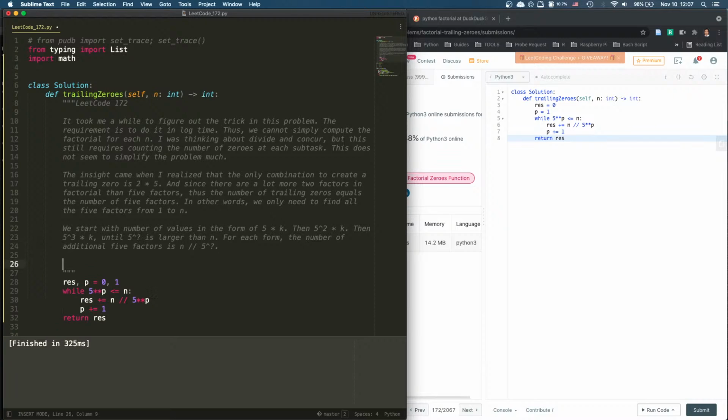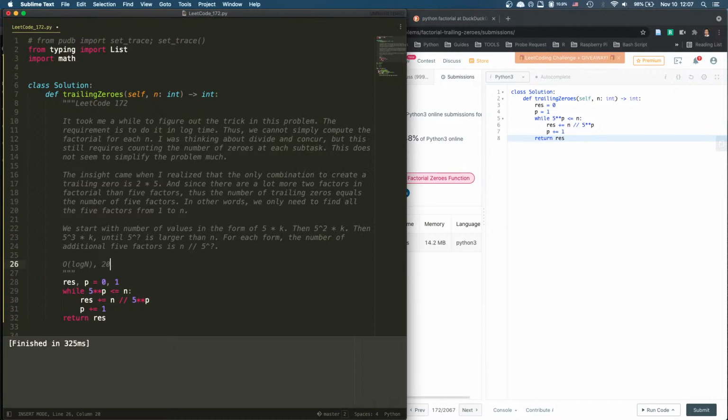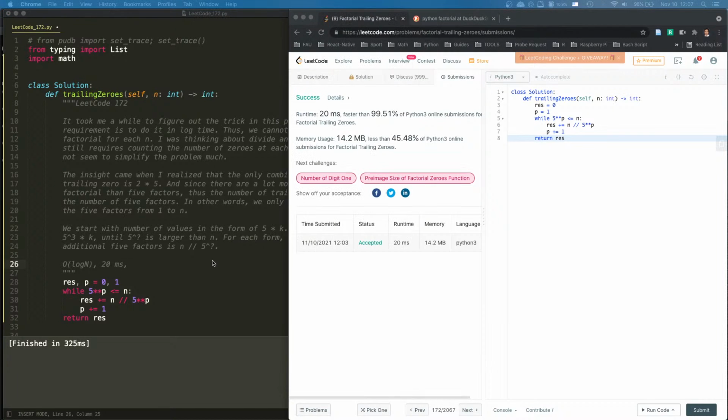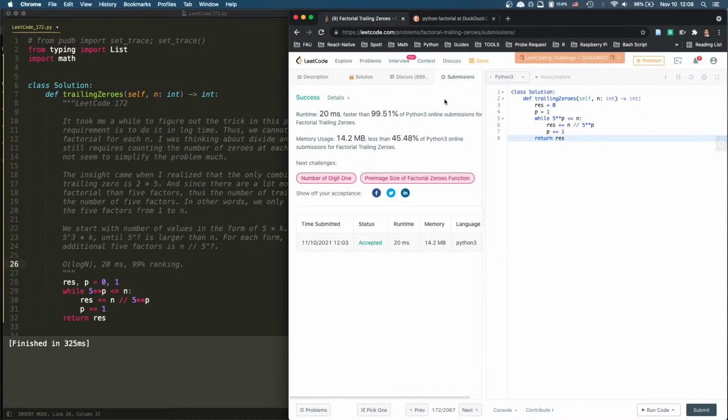And that's it. This is O(log n). Well, technically it's log base 5 of n, right? This one runs at 20 milliseconds. Ooh, we hit a 99% ranking. Wow, I haven't done this for a while. Alright, so let's check this first and then go to discussion.